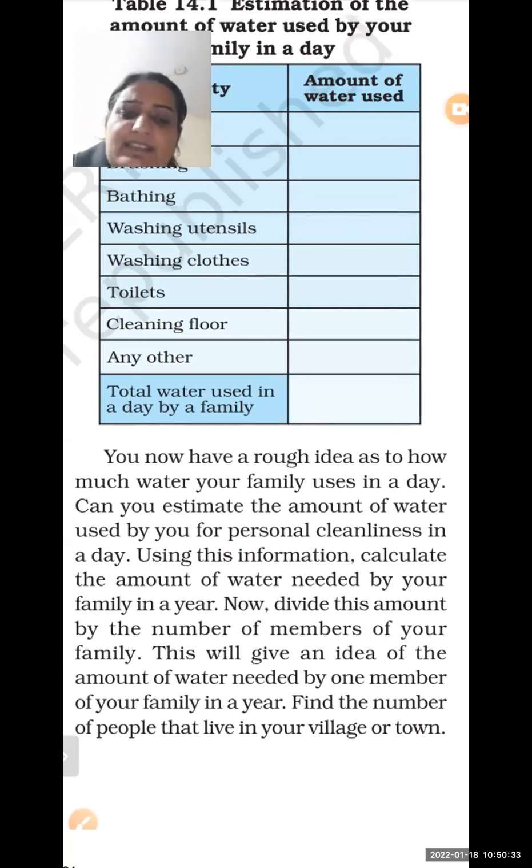We can find out the amount of water used by our members in a day.